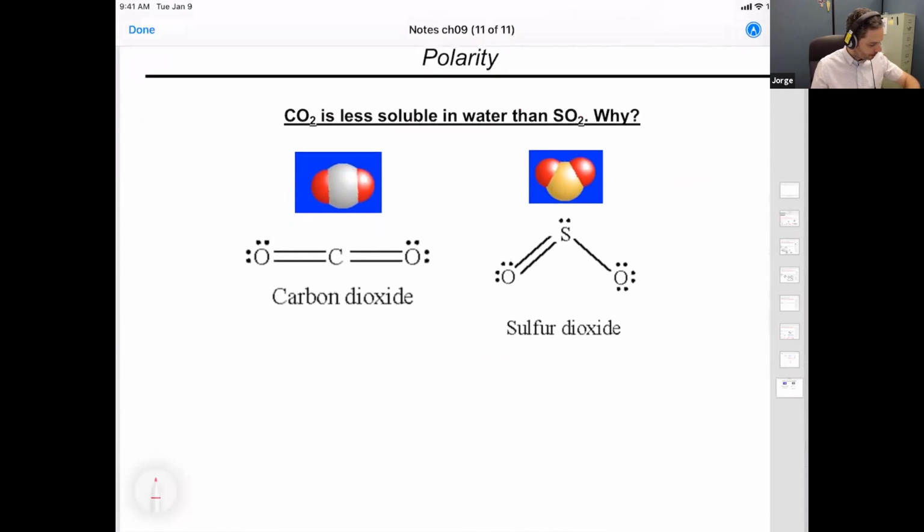Now, the last topic for today will be talking about polarity. We know how to determine the polarity of chemical bonds. And for that, we are going to look at a specific chemical bond and the electronegativity difference between the atoms involved in this bond.